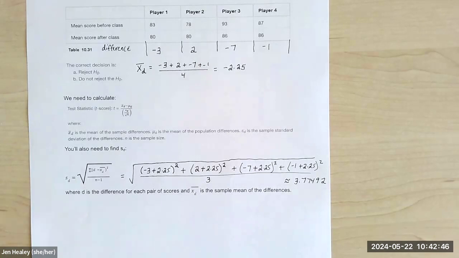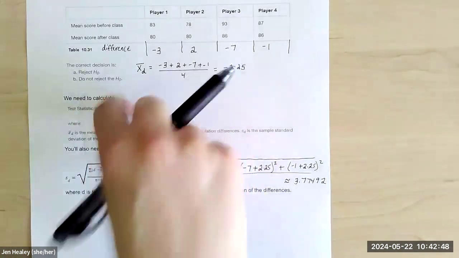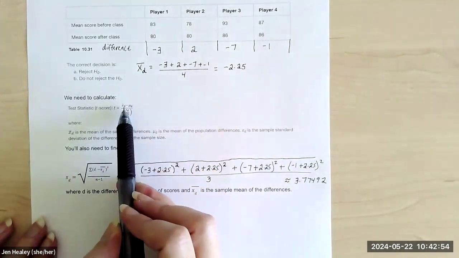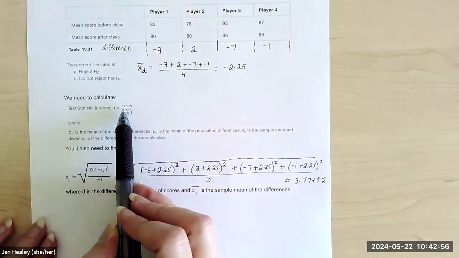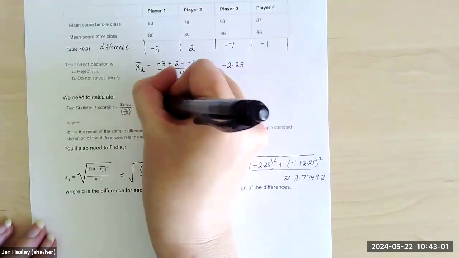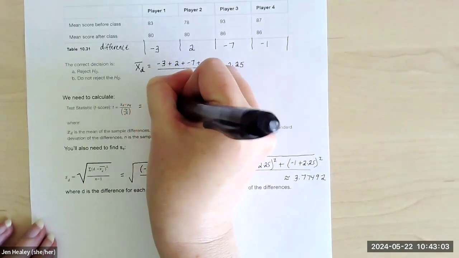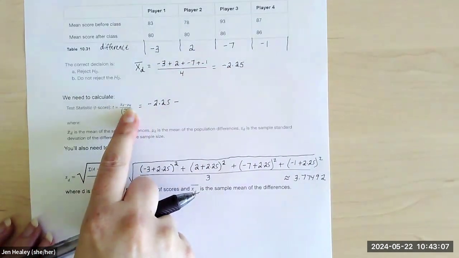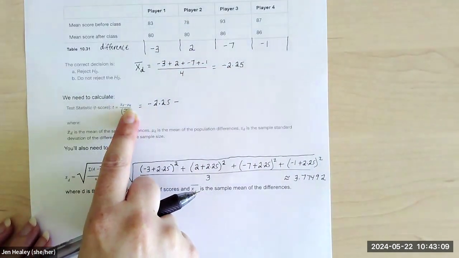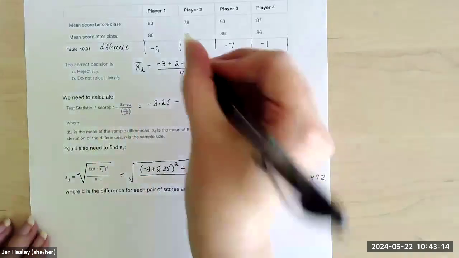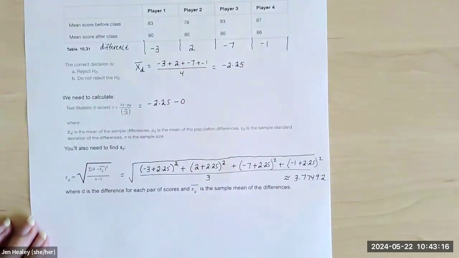So now I'm going to come back up to my actual test statistic, which is what I need. All of this was so that I'm going to be able to go do my test statistic. So for the test statistic, I'm supposed to take the X bar sub D. We got that number there. That's our negative 2.25. And then we're supposed to subtract the mean difference for the population. Just like we talked about on Monday with those formulas, this always ends up being a 0 when we're doing these problems.